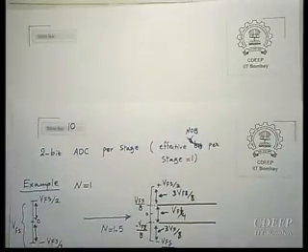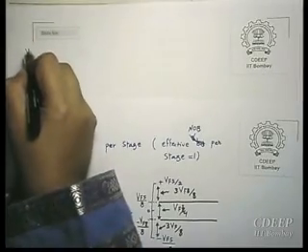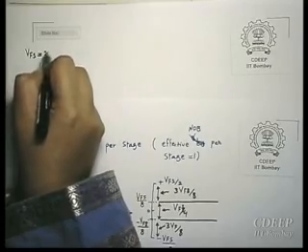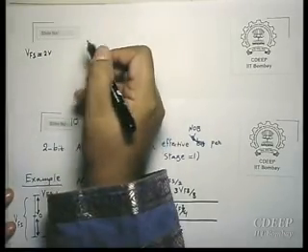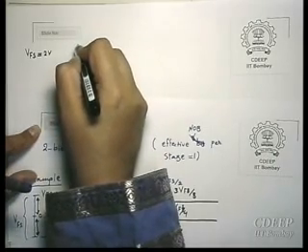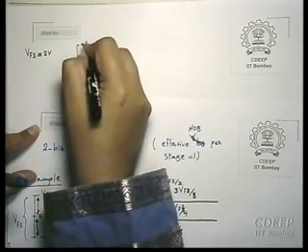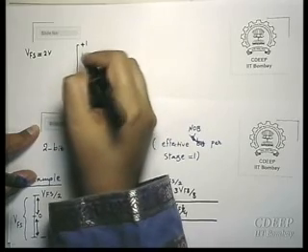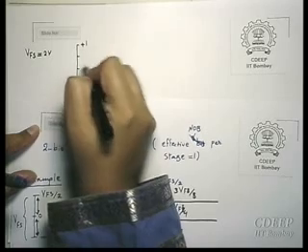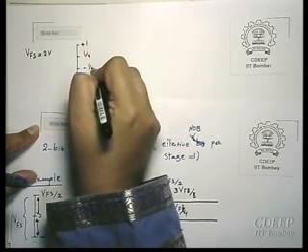So now real examples. For example, suppose V full scale equal to 2 volt, and you want to have 1.5 bit per stage, therefore you will have plus 1, minus 1, 1 upon 4 and minus 1 upon 4.